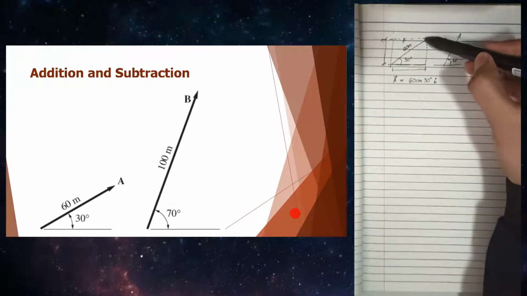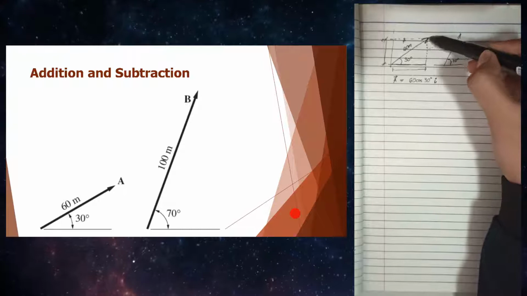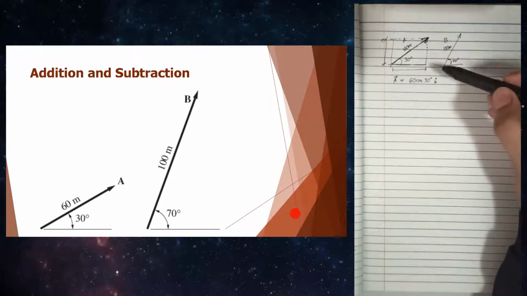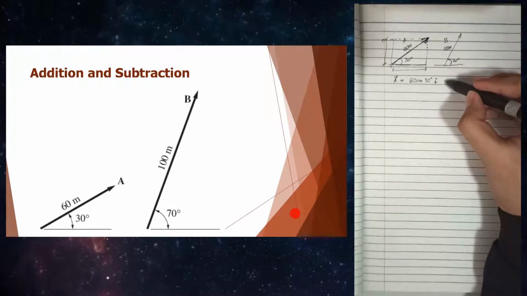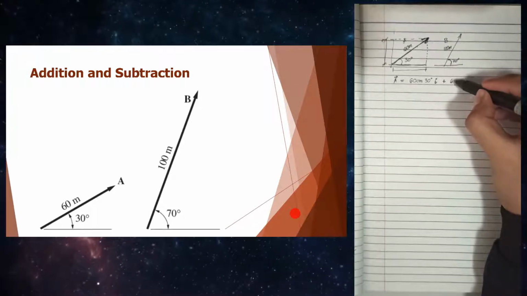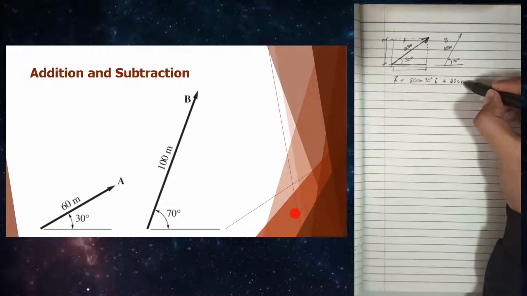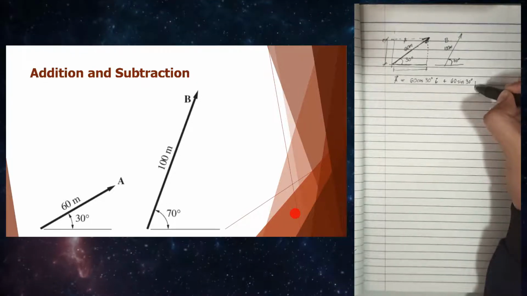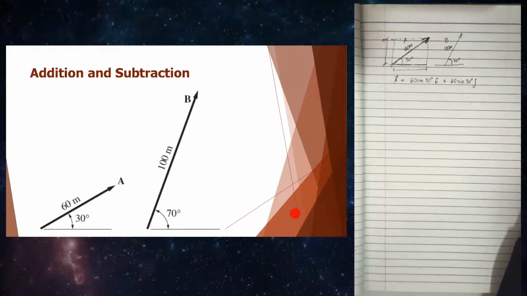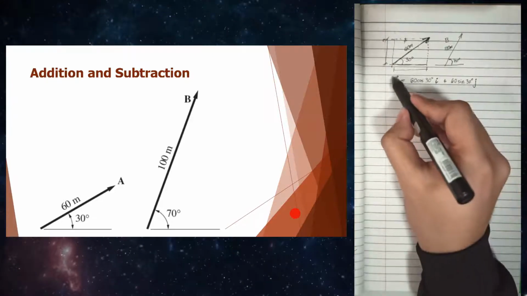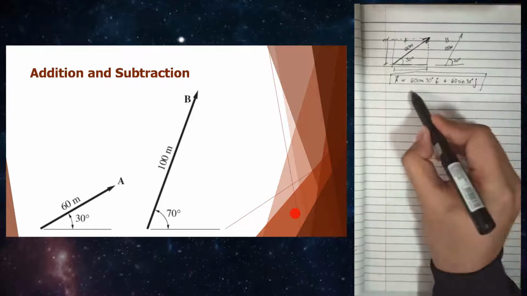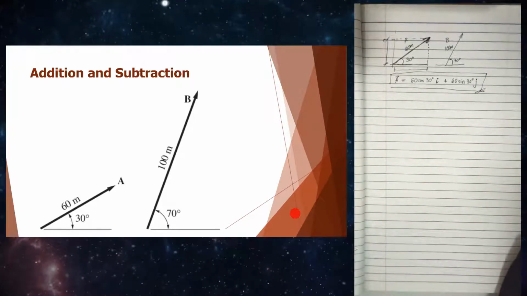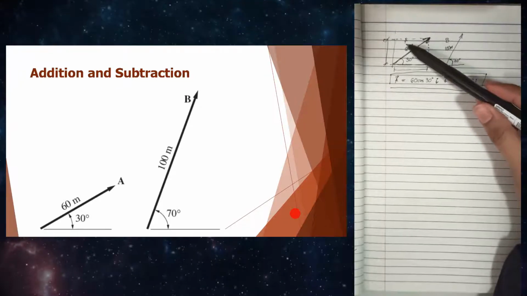Para makuha natin yung upward component ng vector A, 60 sine 30 degrees. Anong direksyon? J. Ibig sabihin nun, ito yung kanyang vector form or vector algebra form ng vector A.